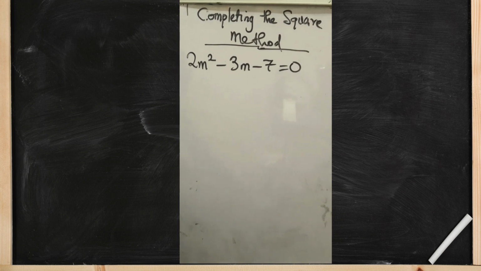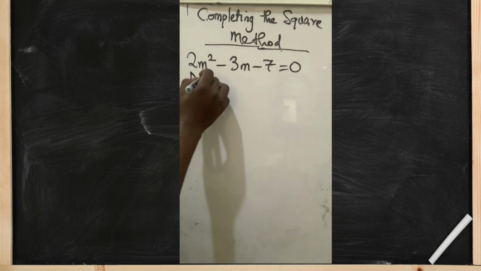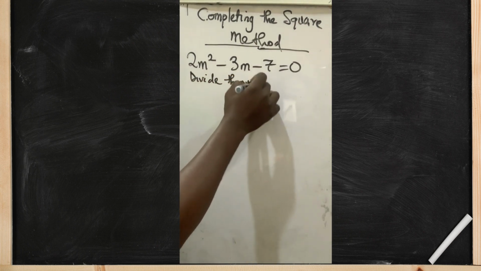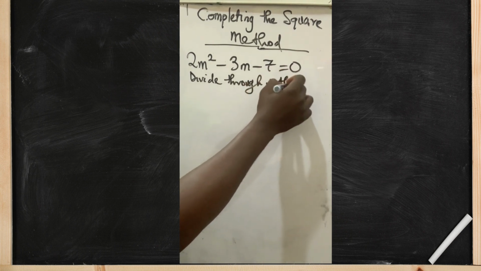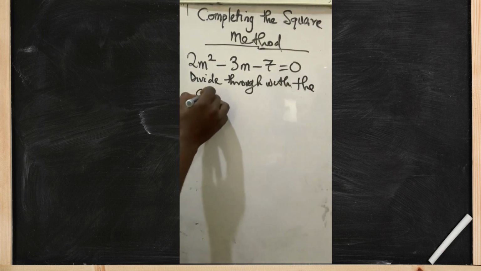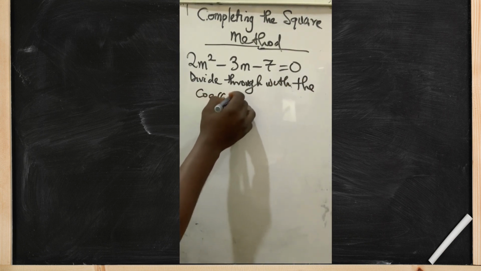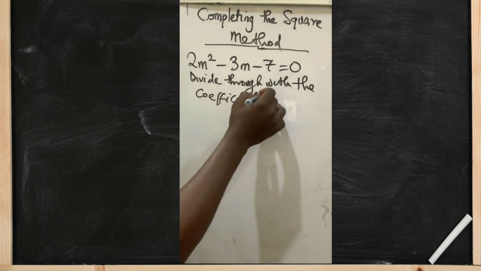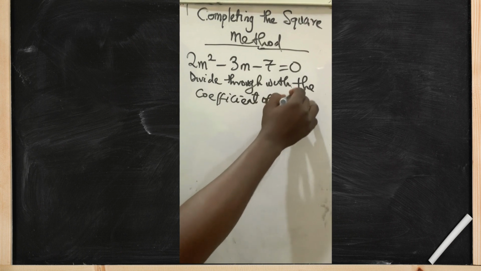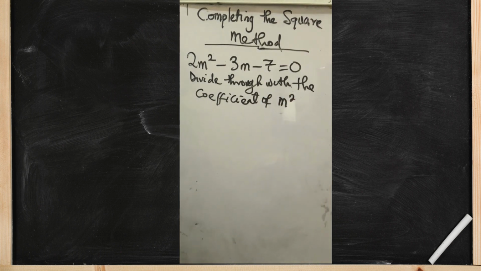The first step, as I've mentioned, divide through with the coefficient of m squared.